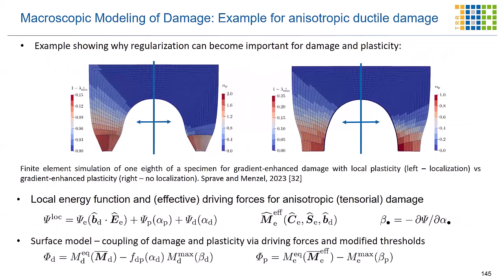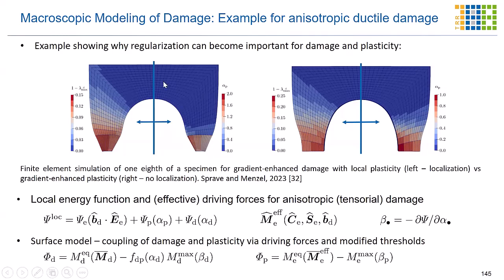As we discussed before, in order to overcome the mesh dependency, we need regularization techniques. And these concepts actually can be really important for damage and plasticity. The first figure explains the phenomena rather nicely. Here in the first figure, we have gradient-enhanced damage formulation in order to have mesh-independent results for the damage-related fields.